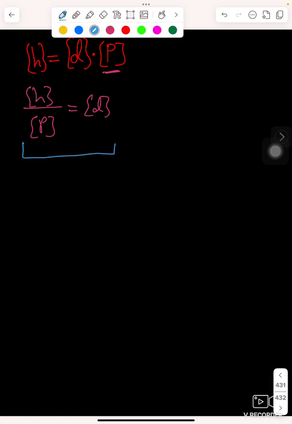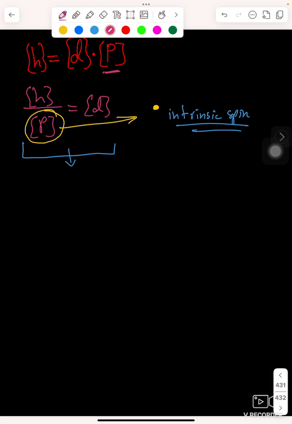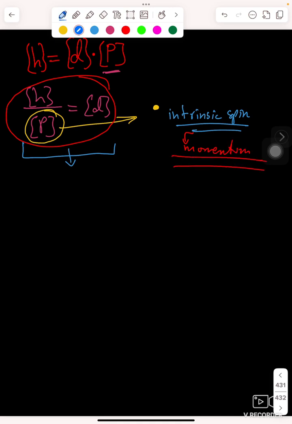Now this equation can be further expanded. Let's imagine we have a particle which has intrinsic spin. Intrinsic spin means it has momentum, which is angular momentum.